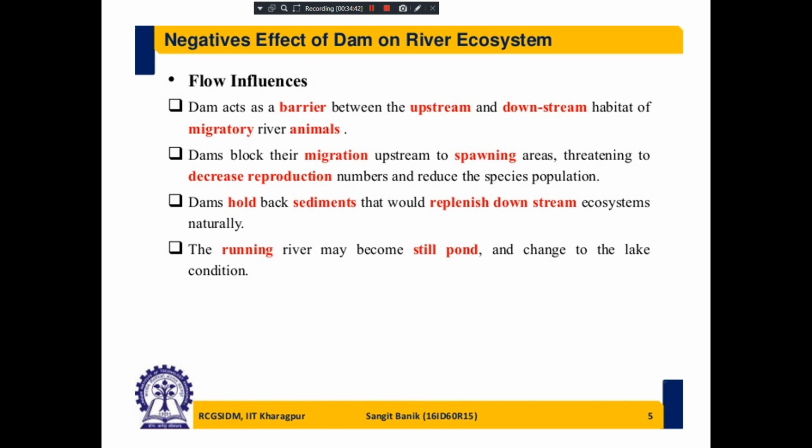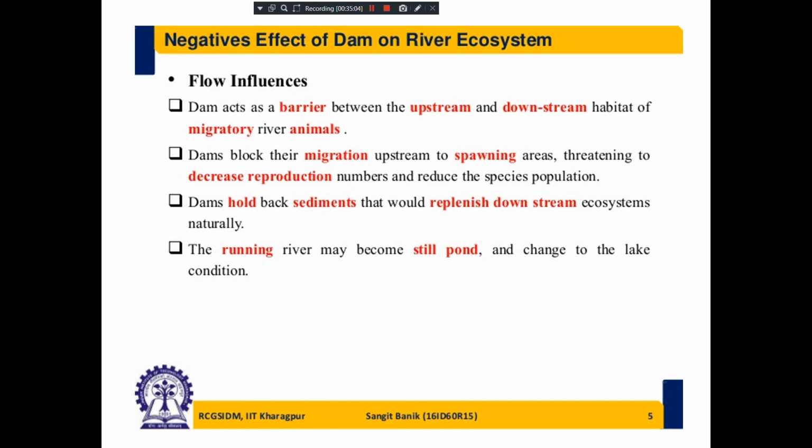A river has specific physical, chemical, and biological properties. A lake has different physical, chemical, and biological properties. But by constructing the dam, we have changed the physico-chemical and biological properties of the river into those of a pond or a lake.